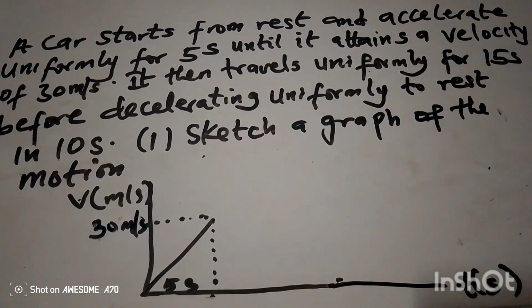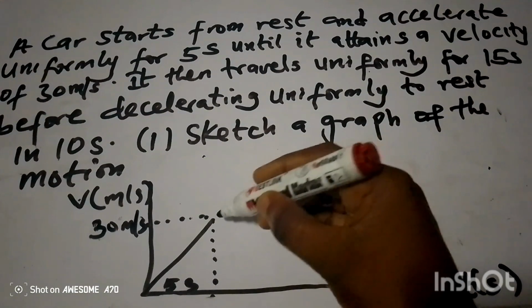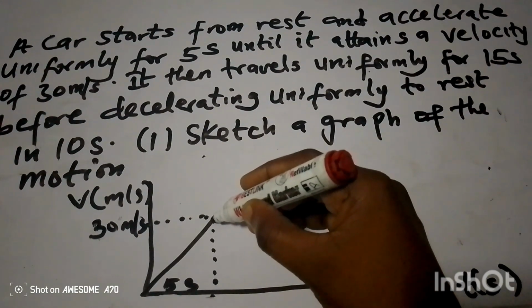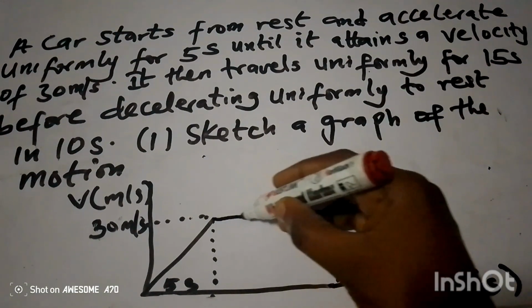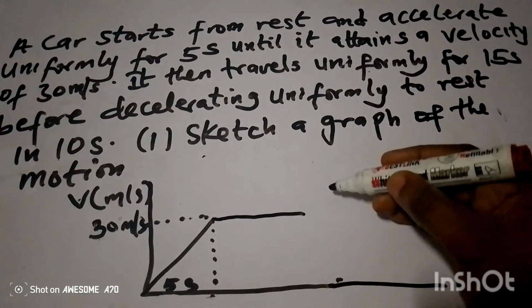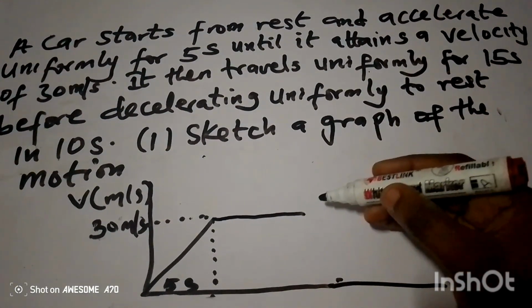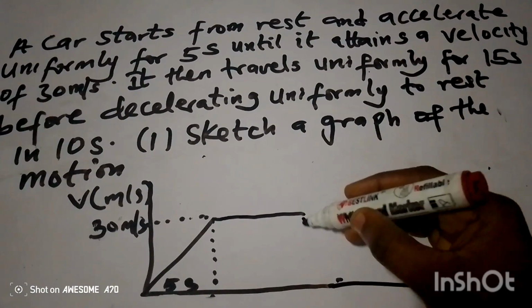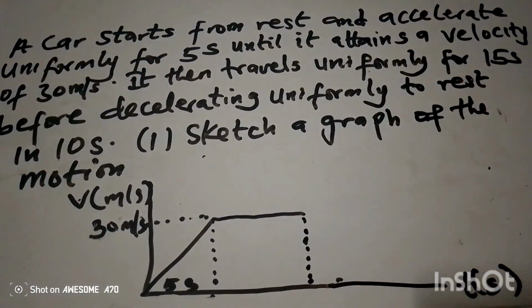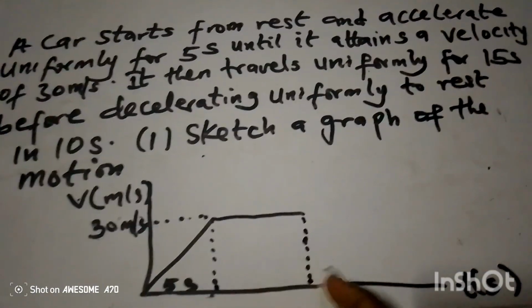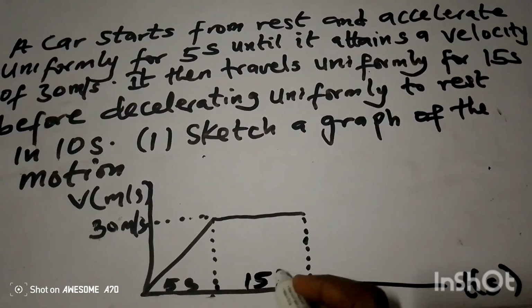It then travels uniformly. So remember, uniform velocity is just a horizontal line that you draw like that. So the body is neither accelerating now. It moves uniformly now for how many seconds? For 15 seconds. So from here to here is another 15 seconds.